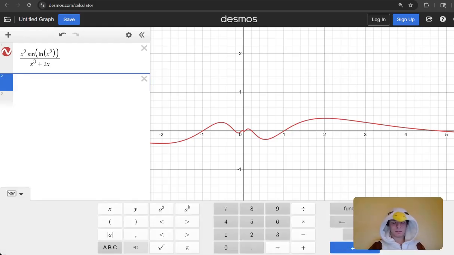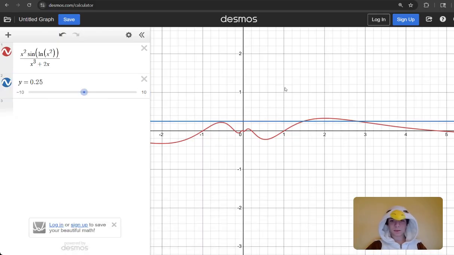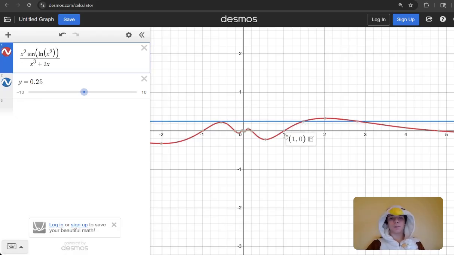So we're going to input the line y equals 0.25. And now you can find the places where this line crosses the graph.